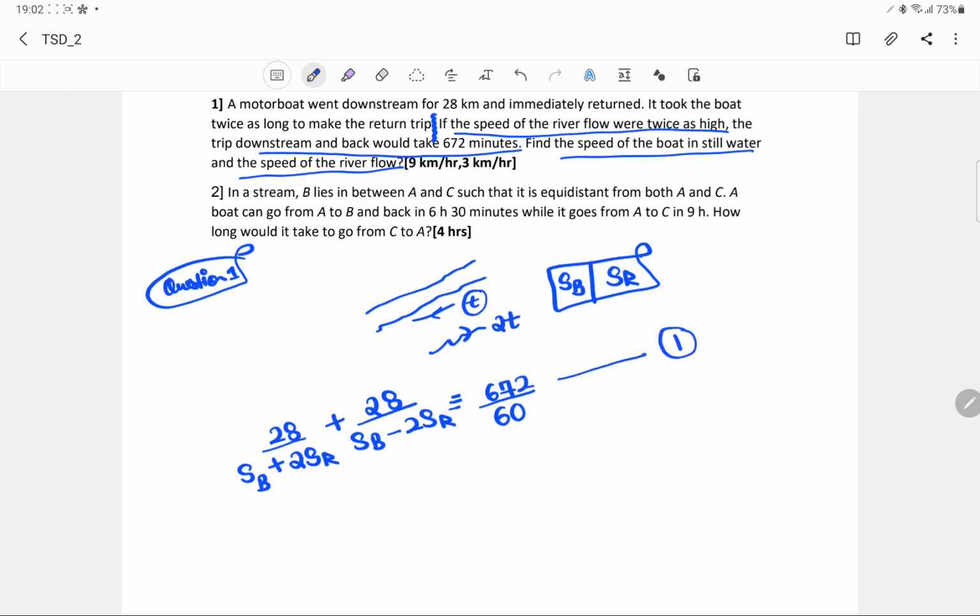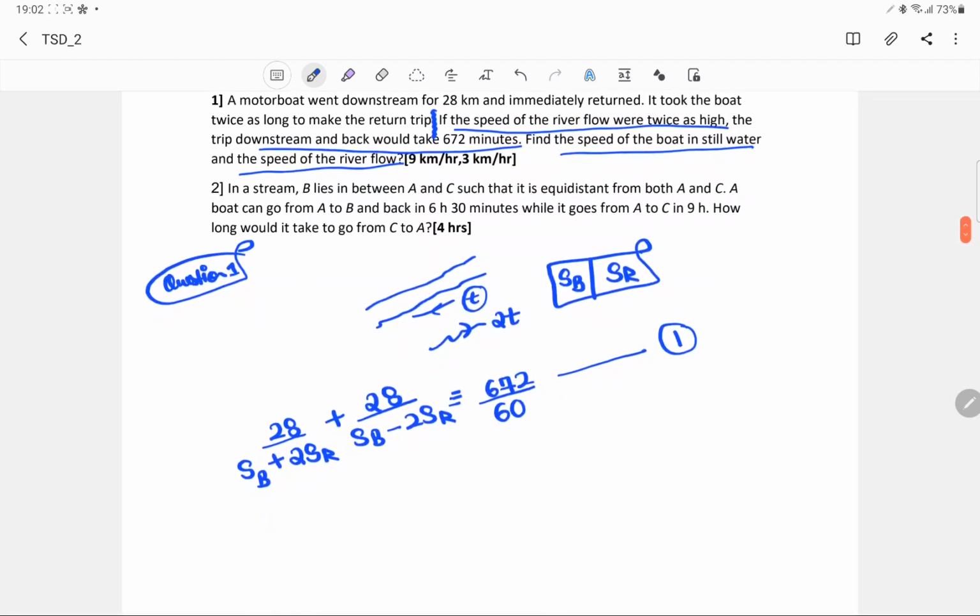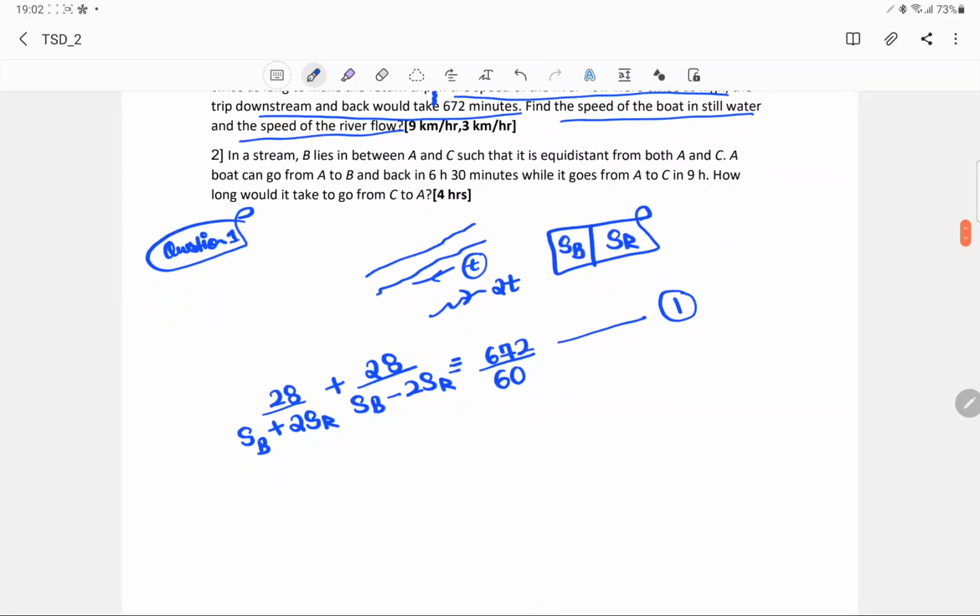So this is one equation which we got from the second part, and for the first part, if this was the distance and this was the time it was taking to travel downstream, then twice of this was the time it was taking, 28 upon SB minus SR, and this is the second equation you have.